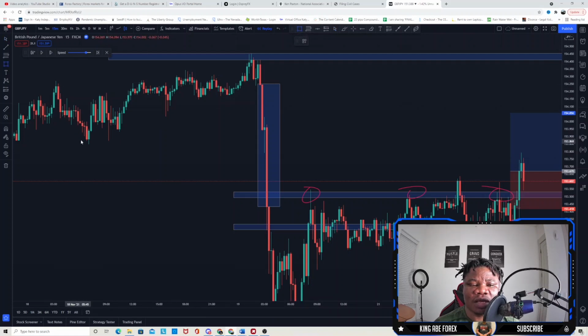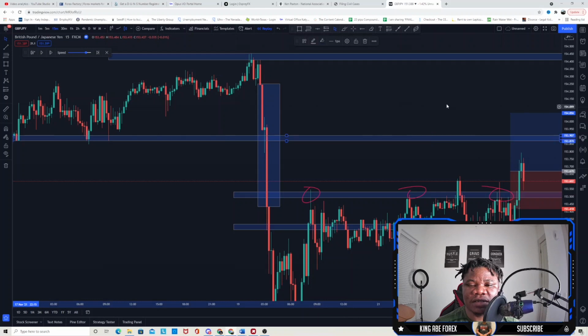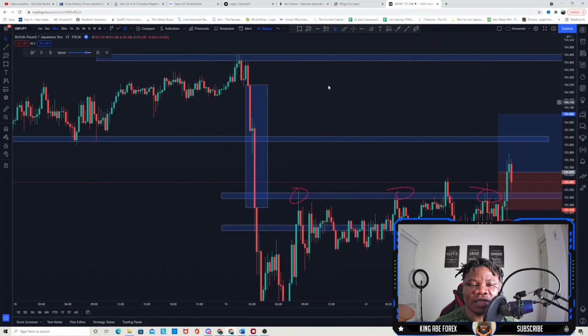So my first take profit target is going to be this zone here, because we have a previous low right over here, and I can also target this previous high right over here, looking to the left hand side.